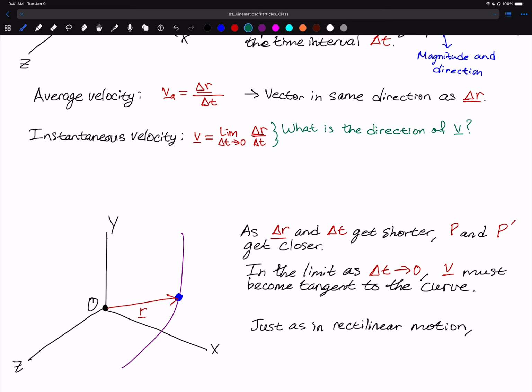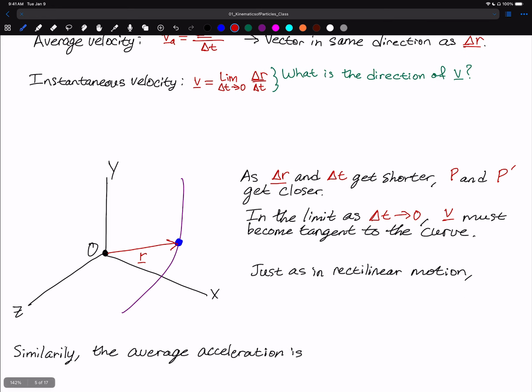Okay, welcome back. Hopefully you've had time to think about what your answer is. You can write your answer down in the white space provided, and we're going to go through now and talk about what the direction of v is. As delta R and delta t get shorter, P and P prime are going to get closer and closer together.